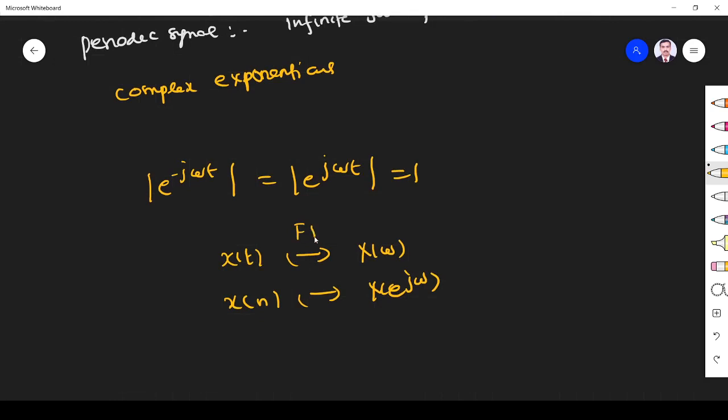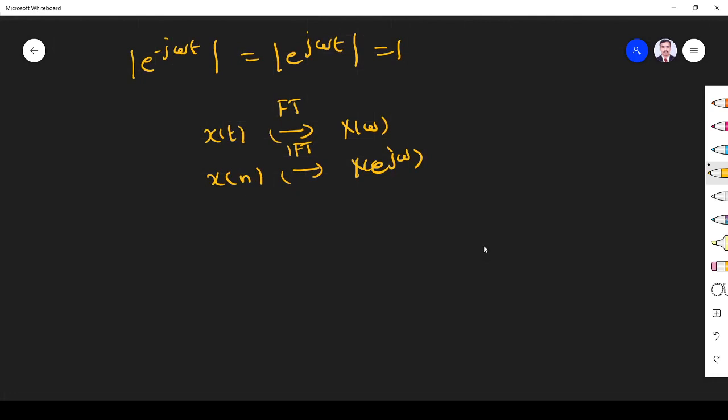It is the forward transform, and this is the inverse transform. The inverse transform will give x of t if you have x of omega. So when you transform, the originality of the signal should not be changed. Like when you put on makeup, your original face structure should not change.